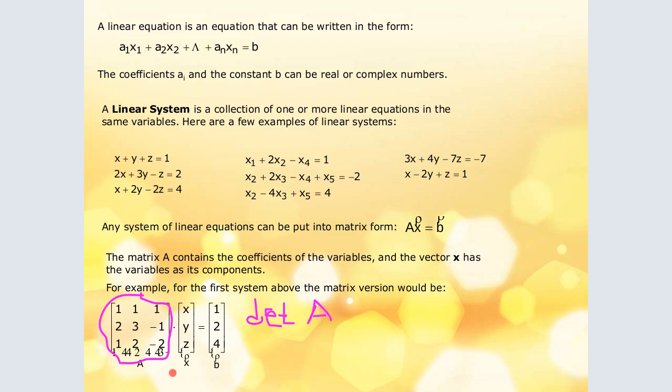The determinant for this our matrix A, we are going to add these two columns, the way I have circled them. At this point, we are going to form columns.